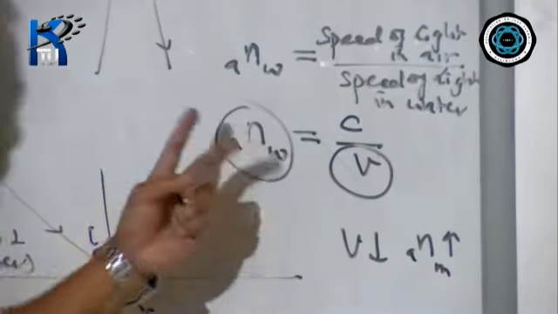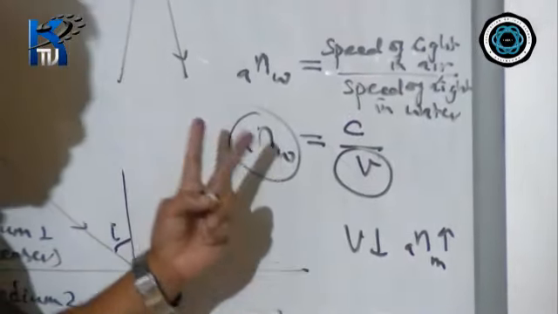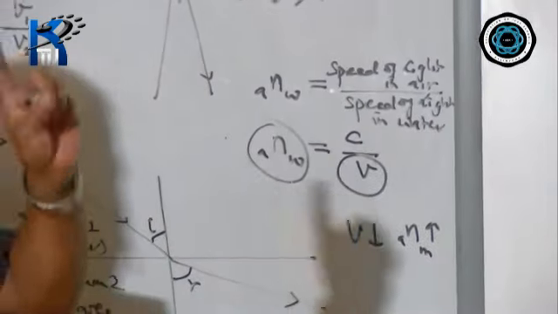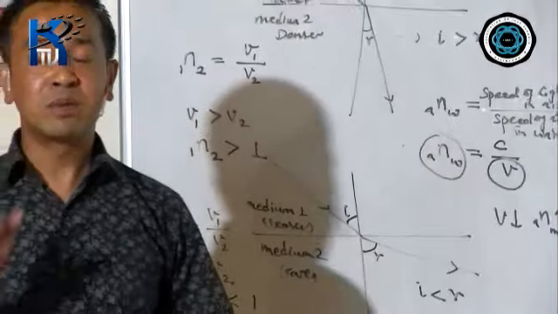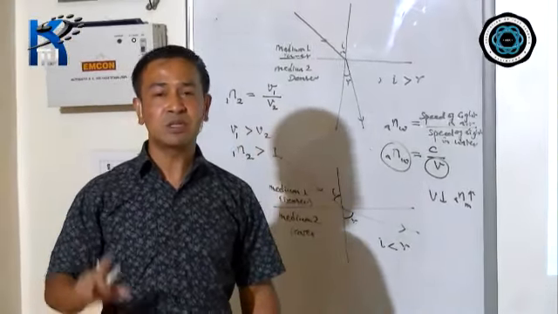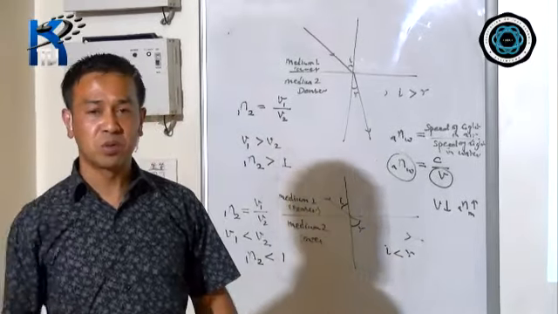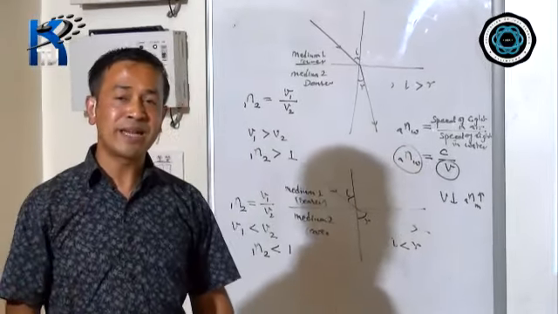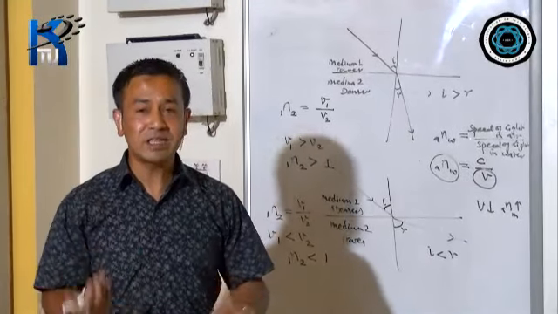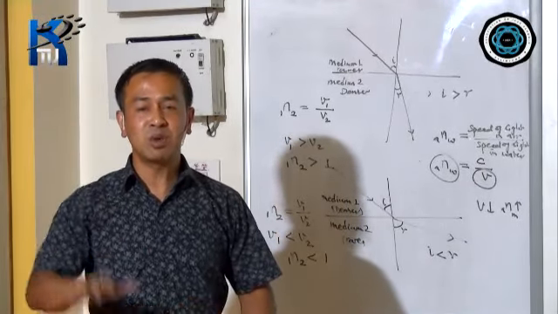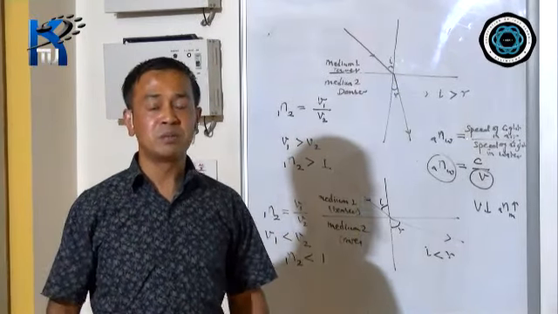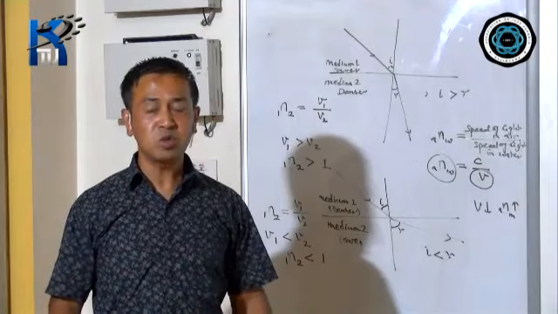But remember, I'm done with the water, but this relation is true with any denser medium with respect to rarer medium. That's why one of the densest mediums is diamond. That's why the refractive index of diamond is maximum, almost 2.4. Why? Because the speed of light in diamond is least. That means any medium whose refractive index is maximum, the speed of light is less. So refractive index and speed of light in that particular medium are inversely proportional to each other.